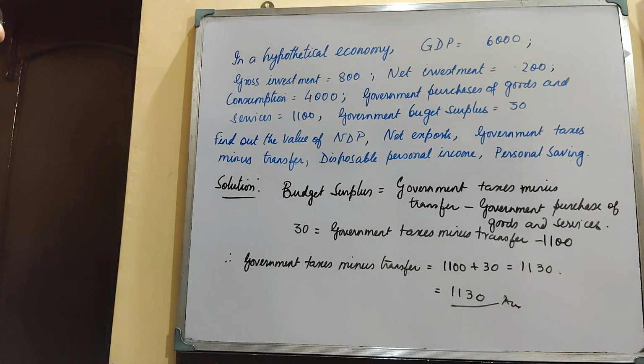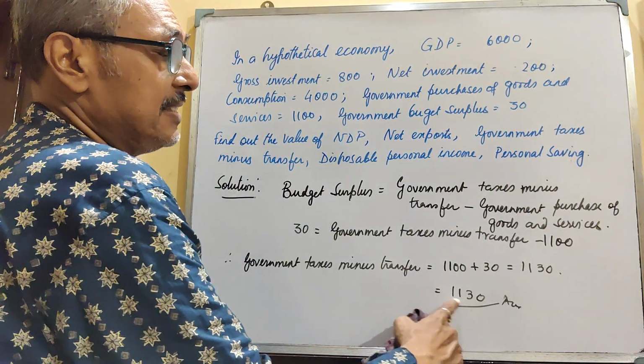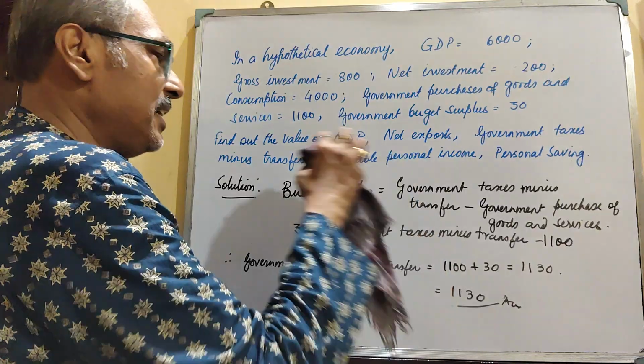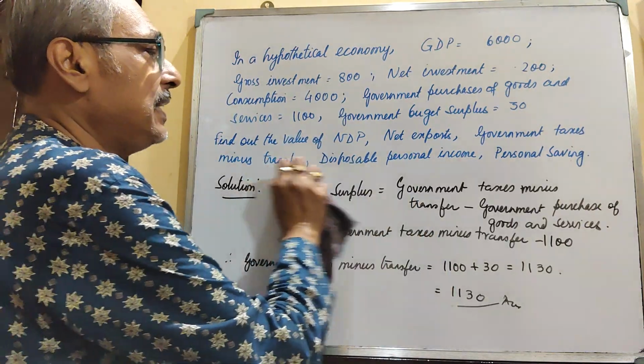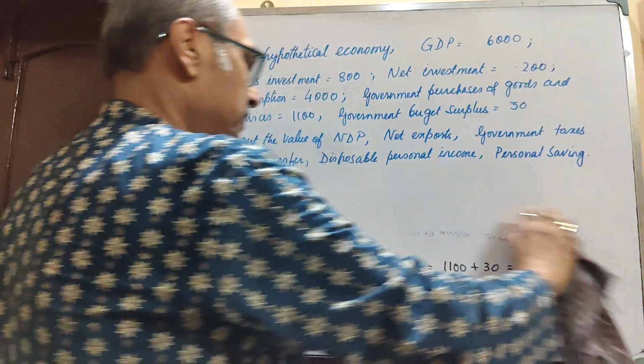Now we do personal disposable income. How to calculate personal disposable income? Personal disposable income is GDP minus government taxes minus transfer. Government taxes minus transfer we have already calculated. This is 1130. Now we calculate disposable personal income.